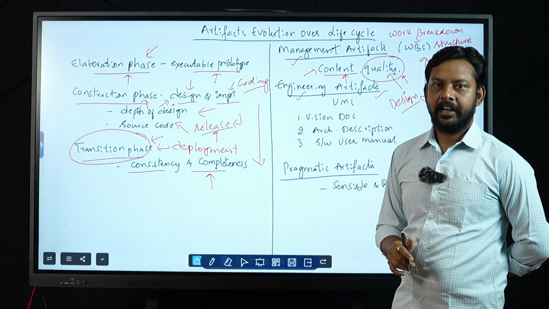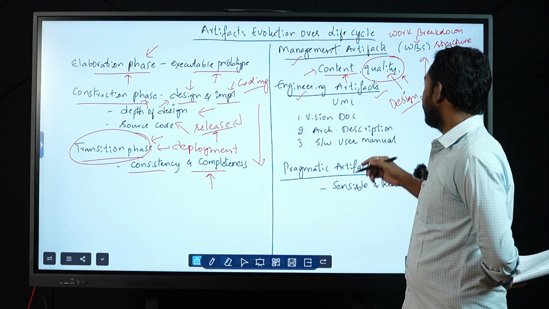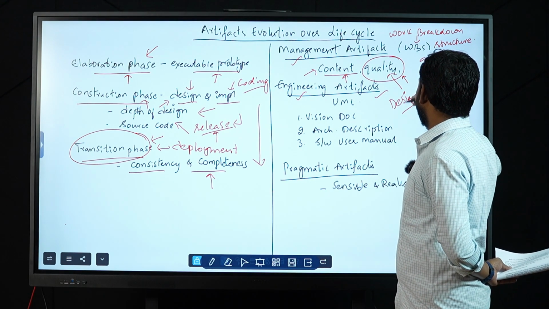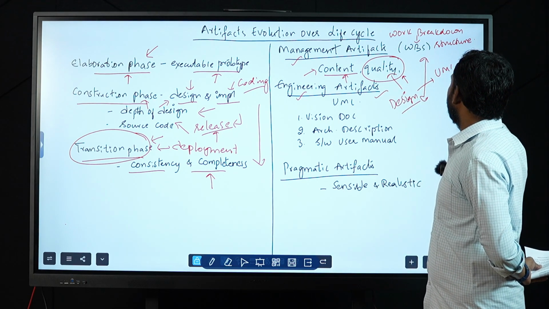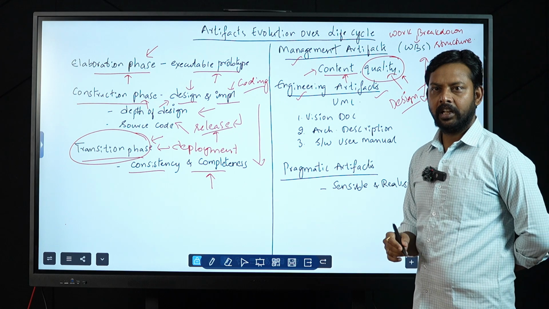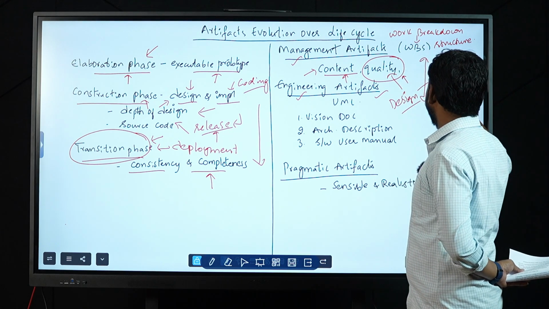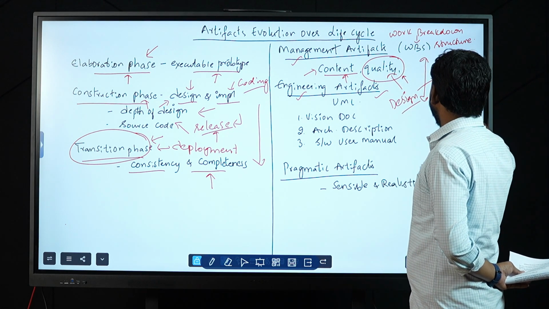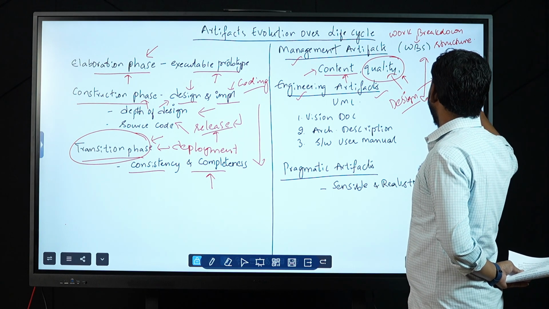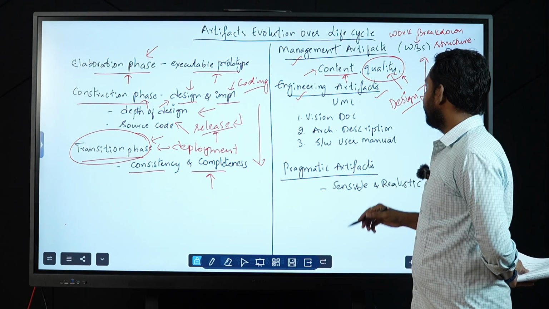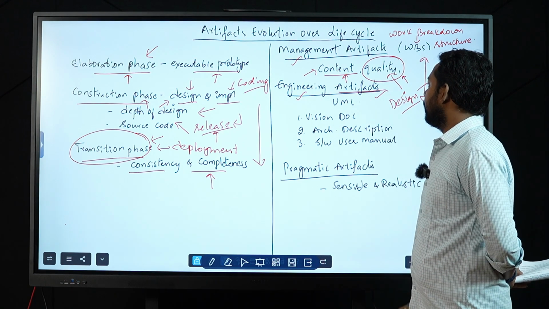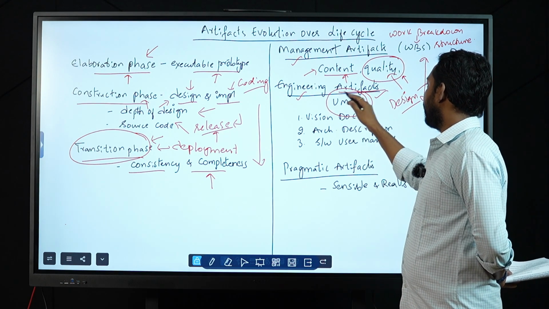Design part indicates your complete code or your complete design of your project. What are the different UMLs that are available in your project? What are the different languages you are using in order to develop your project? All these points will come into picture when you go with your engineering artifacts. So it majorly focuses on the design part here.